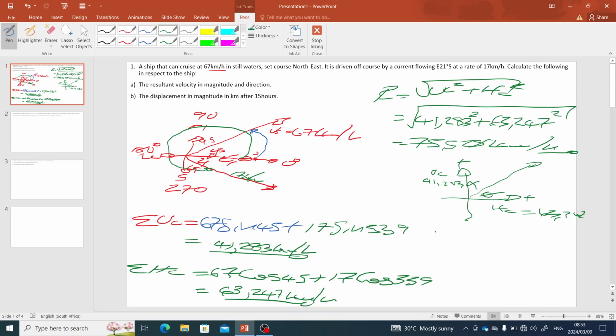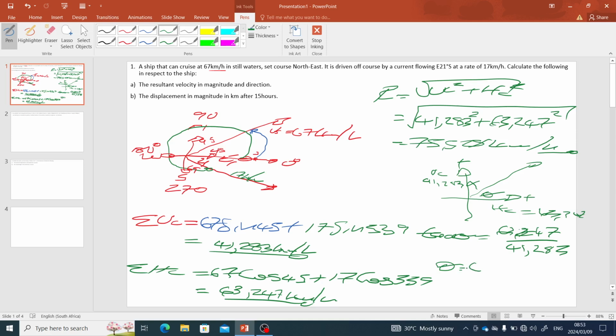Let's calculate the theta. It will be tan theta equals 63,247 divided by 41,283. Now, it is opposite over adjacent. Our tan is made up of opposite over adjacent.